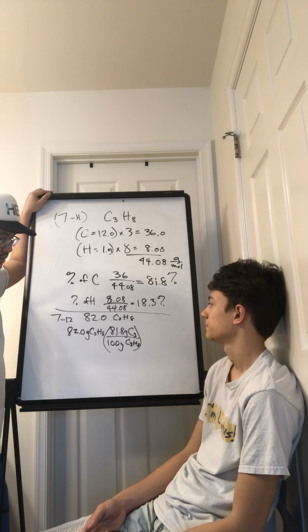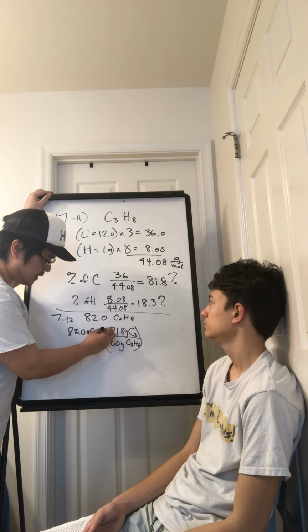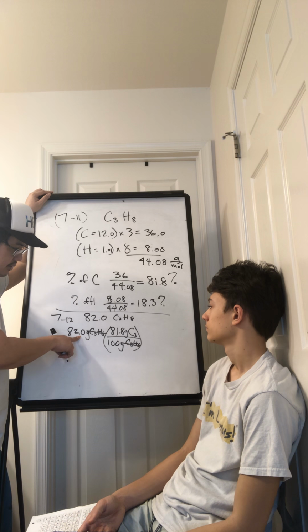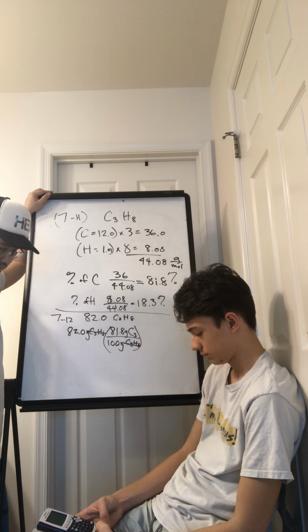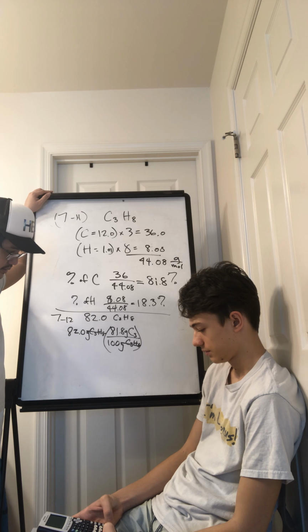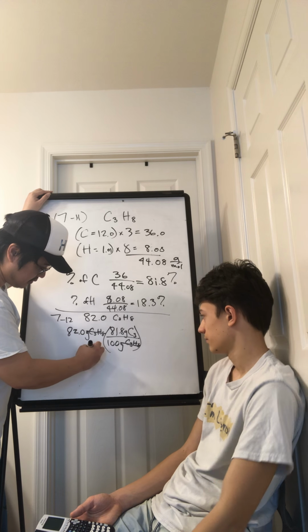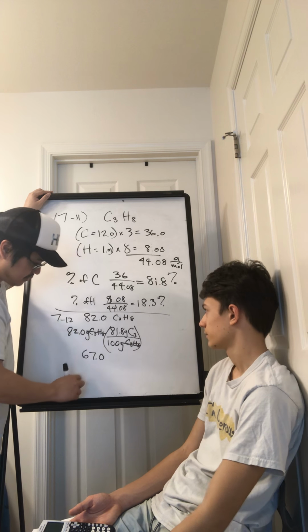Cool? So, look, as far as the units go, this cancels out with this, and I'm left with grams of carbon. So, what is 82.0 times 81.8 divided by 100? 67.1, because 3 sig figs, grams of carbon.